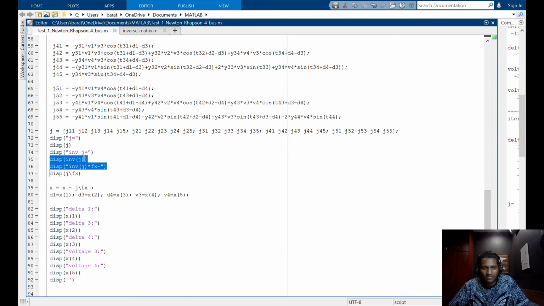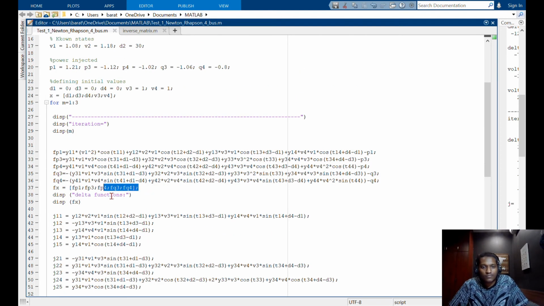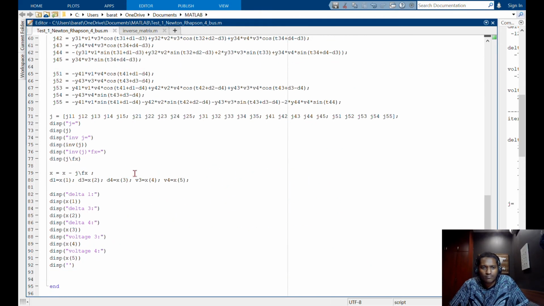It will display the inverse of the Jacobian matrix as well, and this will be the inverse of the Jacobian matrix times the change in values for P1, P3, P4, Q3, and Q4. When we do that, we will be able to get the change in value for the unknown variables.